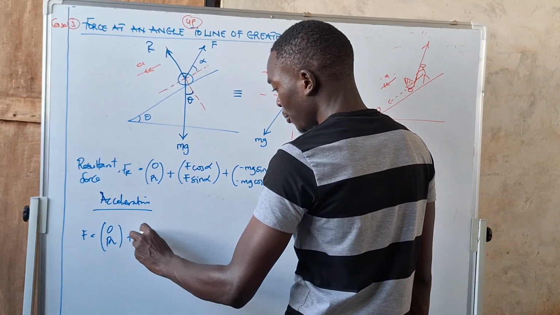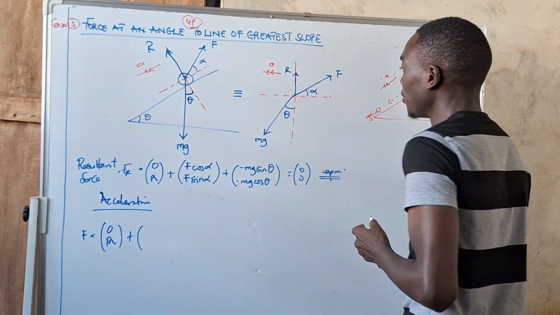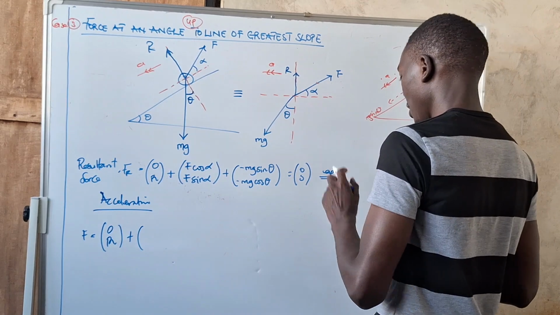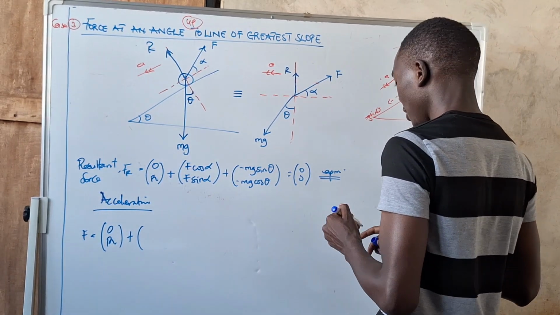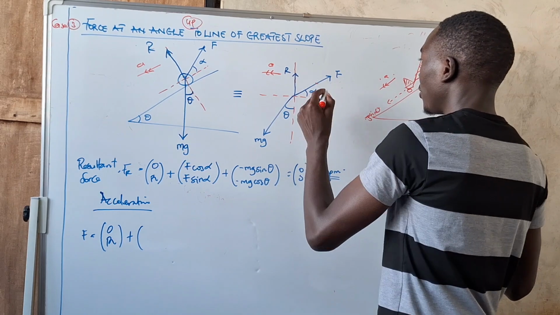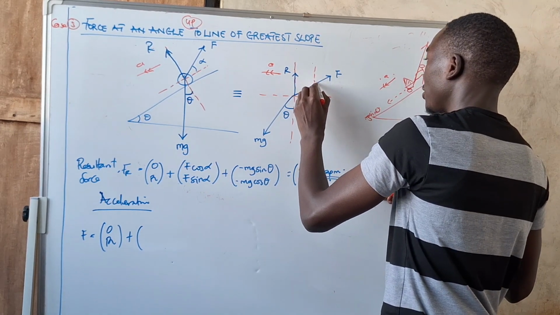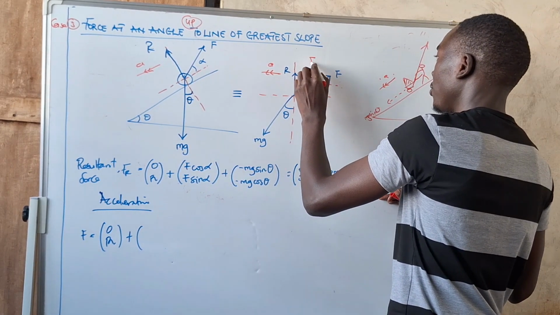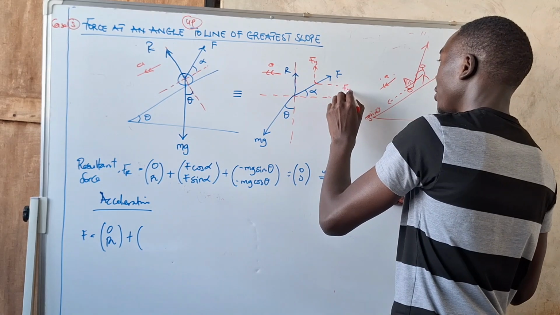That one is so simple. And then now the force, you can see that if I take the components of the force, this is Fy vertical, this is Fx.